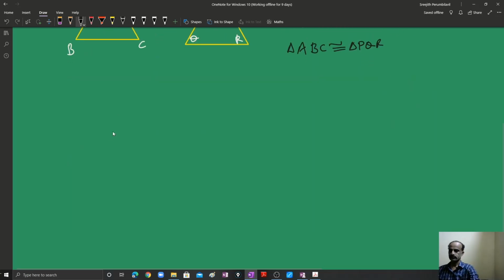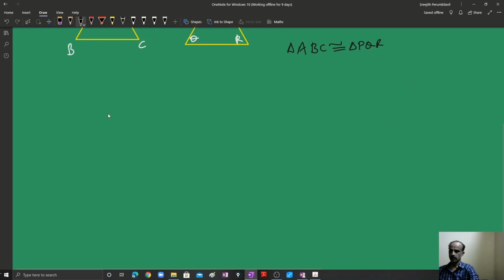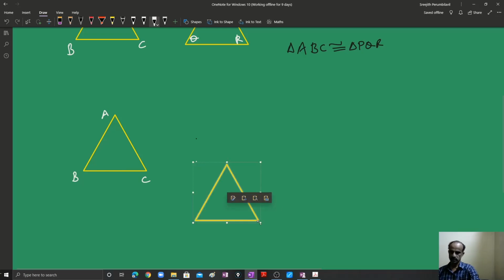Now let us consider another triangle. We will name it again as triangle A, B and C. Now we are going to consider another triangle.